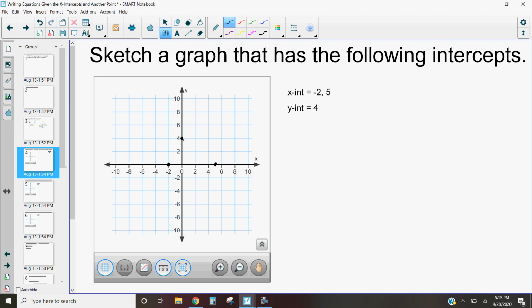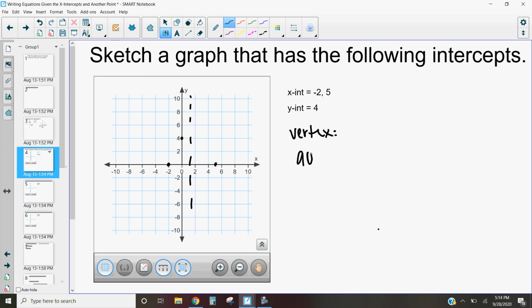Now, interesting thing about this is our vertex is always going to be exactly in the middle between those 2 points. So if we go over 2 here, over 2 here, we still have 3 left, so we want to go over like 3/4 of 1, and our vertex is going to be somewhere right here, right between the 2, right?